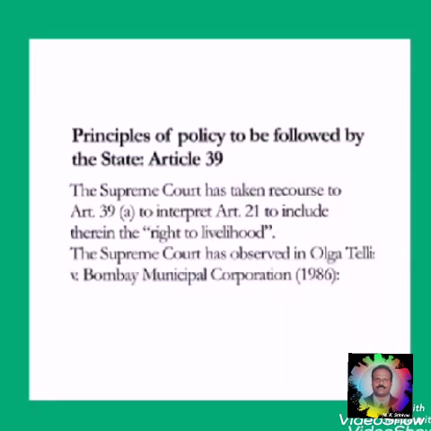Now, Article 39: the Supreme Court has taken recourse to Article 39 to interpret Article 21 to include therein the right to livelihood. The Supreme Court observed this in Olga Tellis versus Bombay Municipal Corporation, 1986.